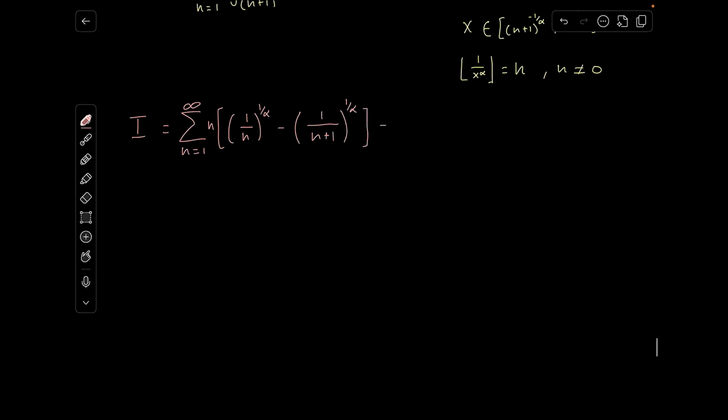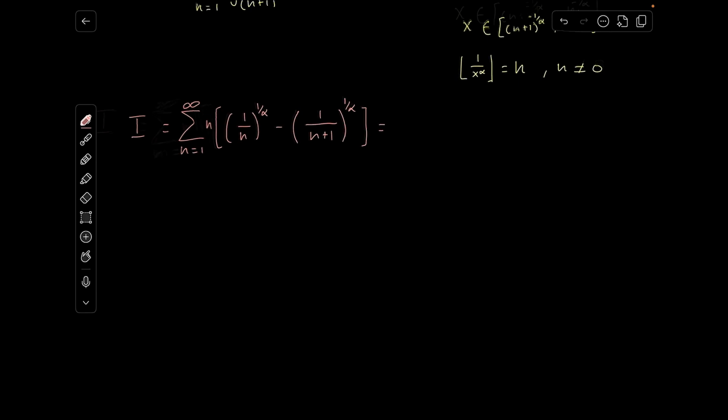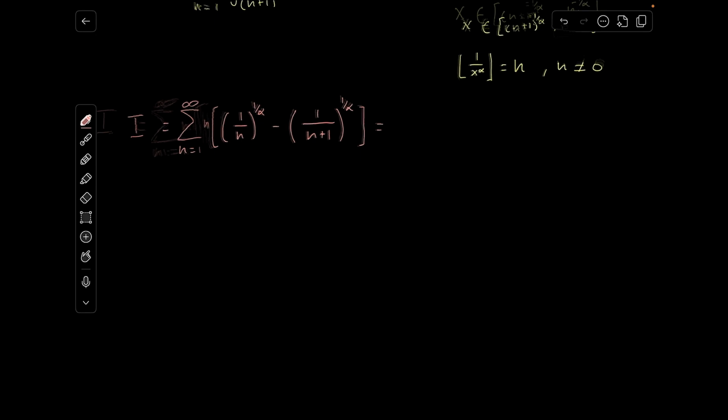I'm going to start writing out some terms for this, because I have a feeling there will be some actual cancellation, and we can just simplify this entire sum, and it'll make everything a lot easier.